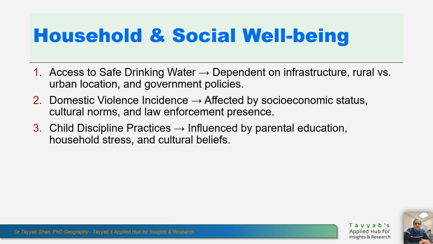Domestic violence incidence is also there, including intimate partner violence, and child discipline practices are also there, and they could be categorized into overall practices and severe discipline practices. So you can pick what your focus is based on this data set.